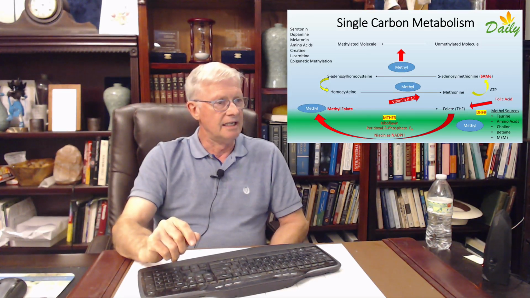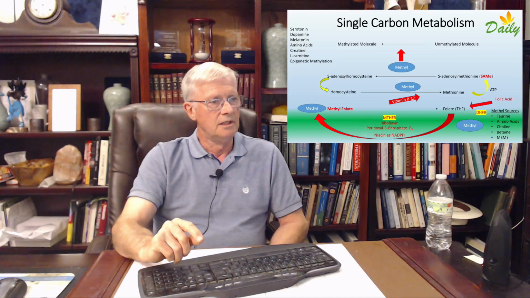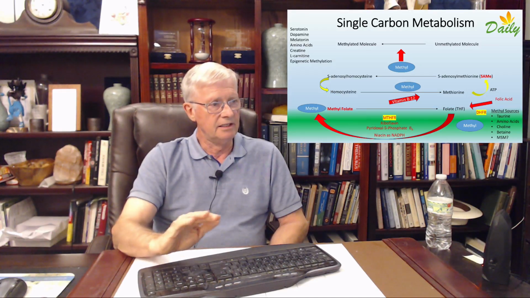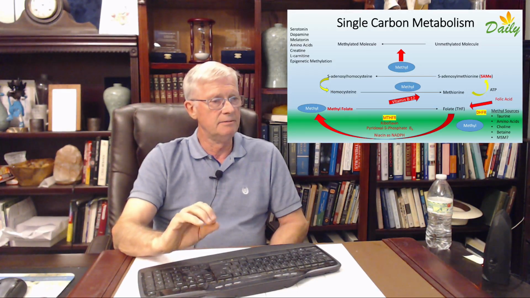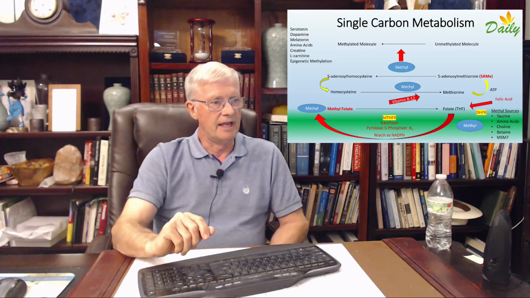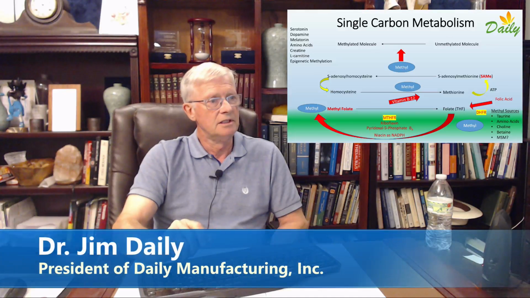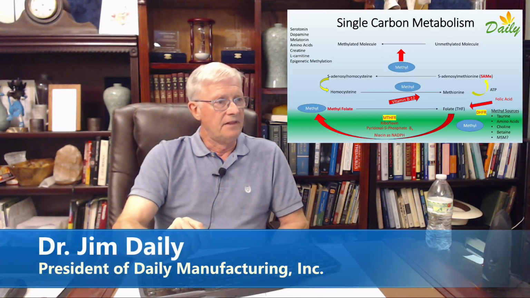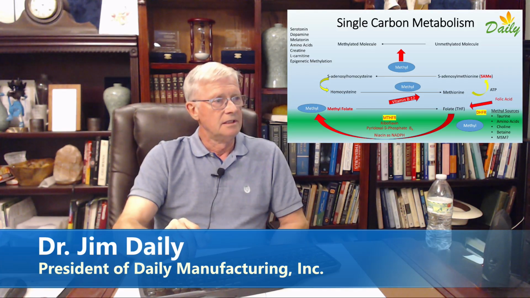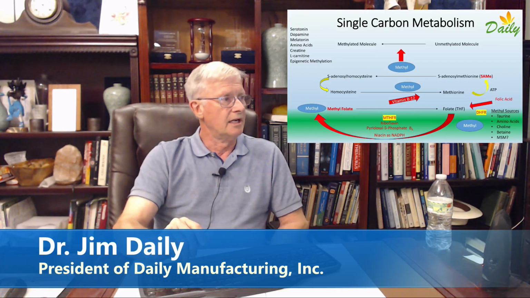Well, methionine is then converted to S-adenosyl methionine. Straight above the methionine, you'll see S-adenosyl methionine. That's that SAMe that we were looking at right there at the very first. And that is a highly active molecule that transfers methyl groups to a lot of different things.